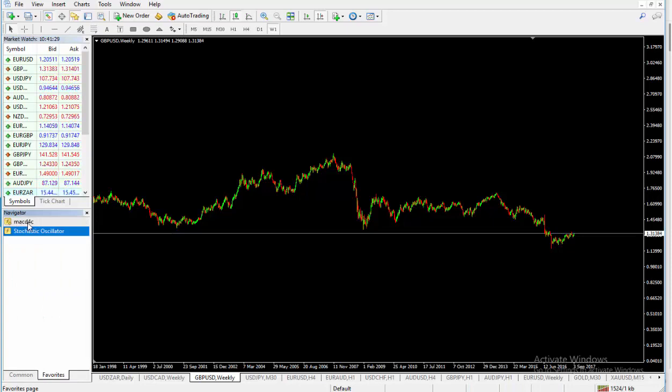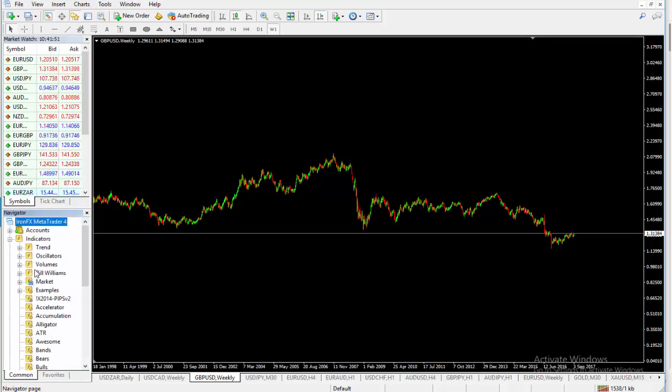It is written MACD 4C. Just Google MACD 4C indicator, and you should be able to get it. Then you can also use the stochastic oscillator, which comes with MetaTrader 4. We use MetaTrader 4.